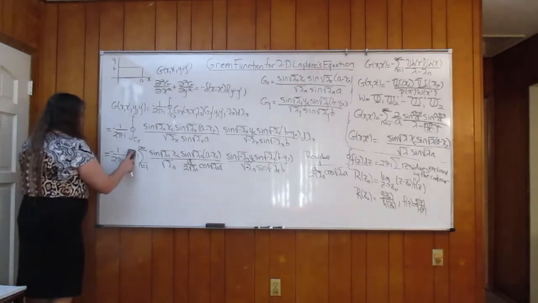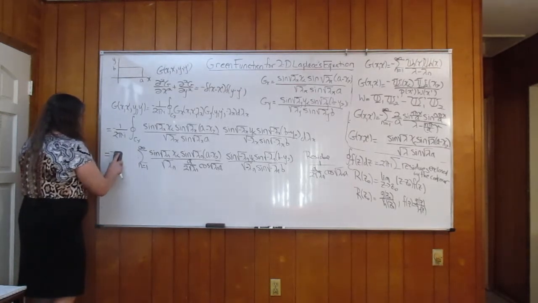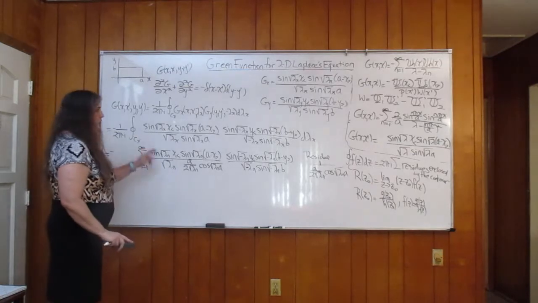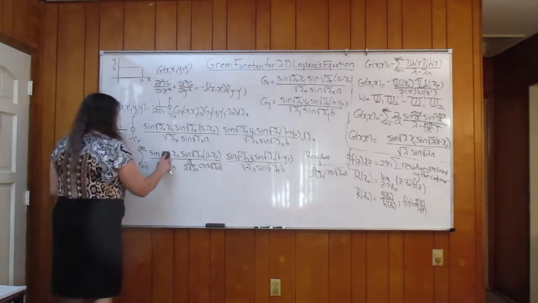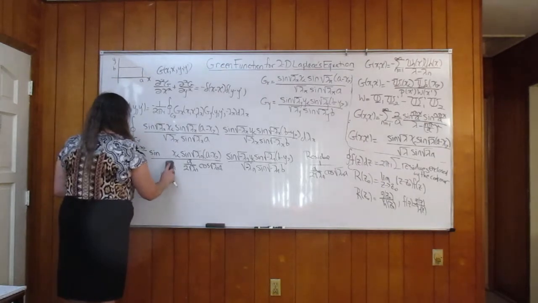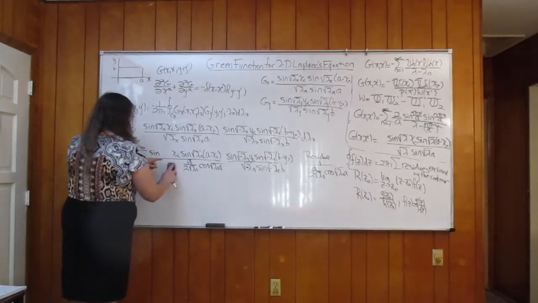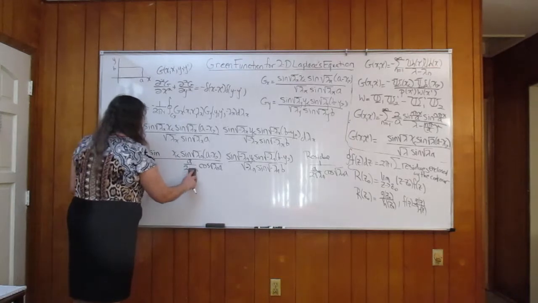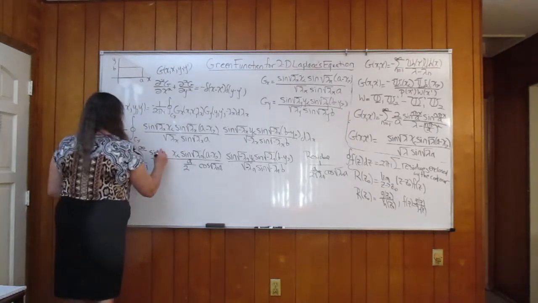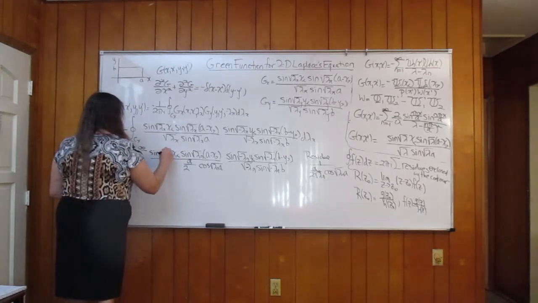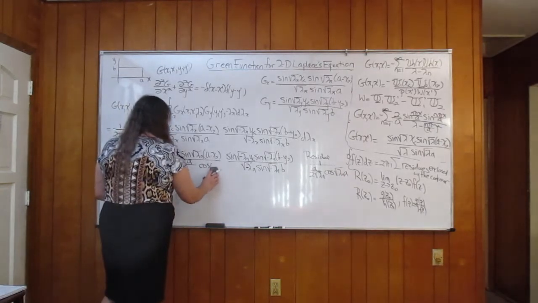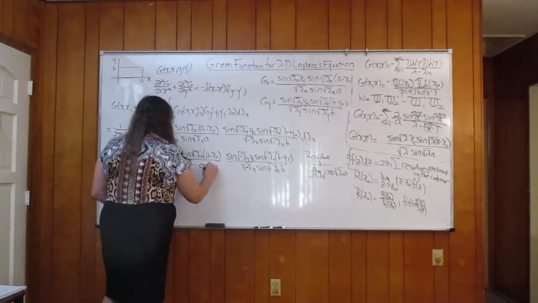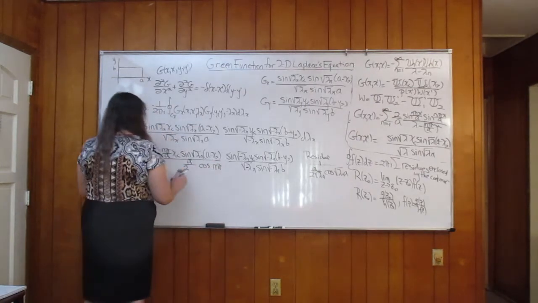Okay, so these 2 pi i's cancel each other out. And I'm going to replace square root of lambda n with n pi over a. And by the way, this square root of lambda n cancels with that one. And this is going to give me cosine n pi.